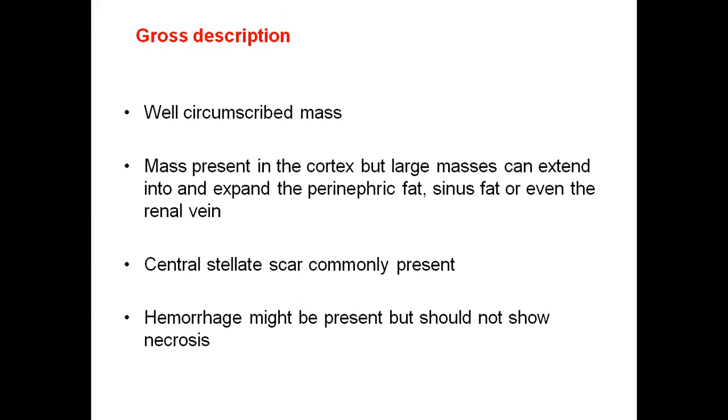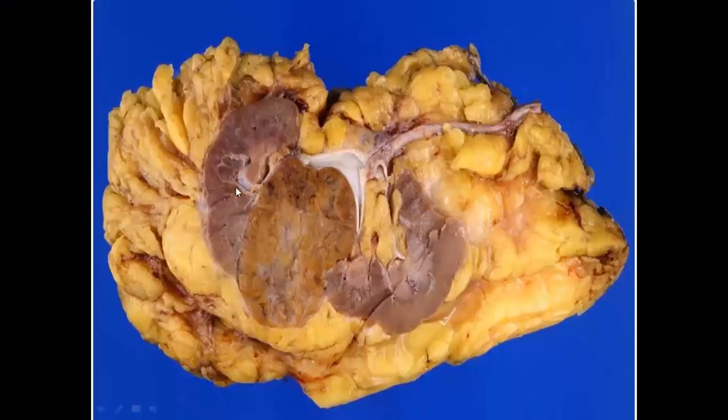As we said, mostly these tumors are the benign variety. This is one of the gross pictures of a renal oncocytoma. Here we can see that the tumor is well circumscribed. It is present in the cortex region of the kidney, and it has a tan brown to mahogany color. Commonly these tumors have a central stellate scar.